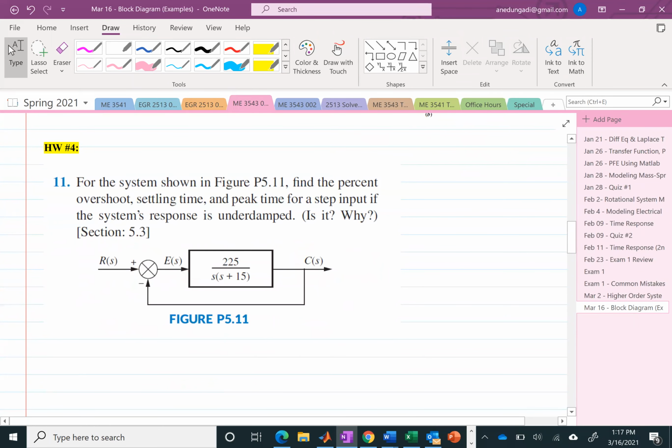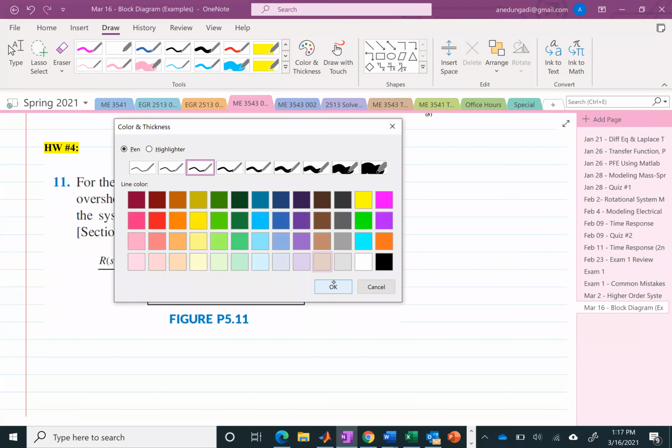Okay, good. So for the system shown, find the percent overshoot and settling time if the system's response is underdamped. Is it, and why? Basically what we're trying to determine is one equivalent transfer function.